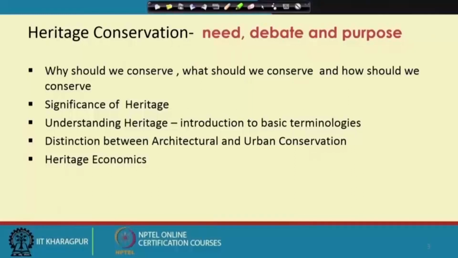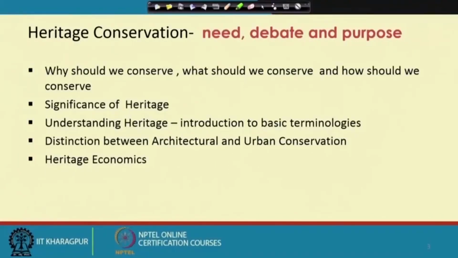And this evaluation is not always only in economic terms. That's important, but I'm saying it's not the only factor. There are many other aspects which need to be set out, discussed and debated to understand why we should conserve a particular structure or place and what its significance is.